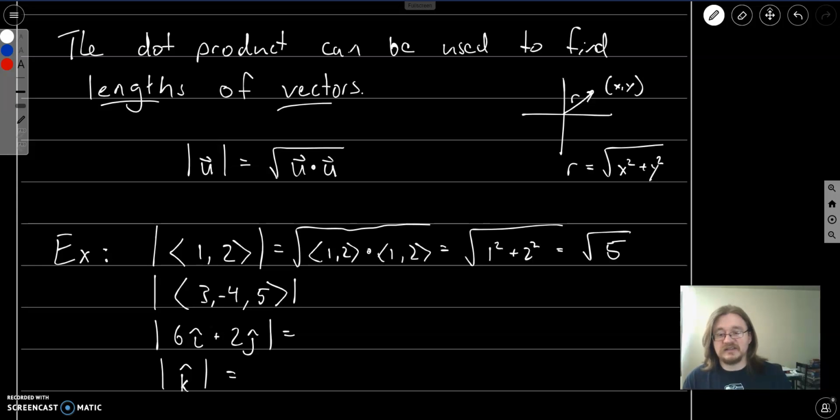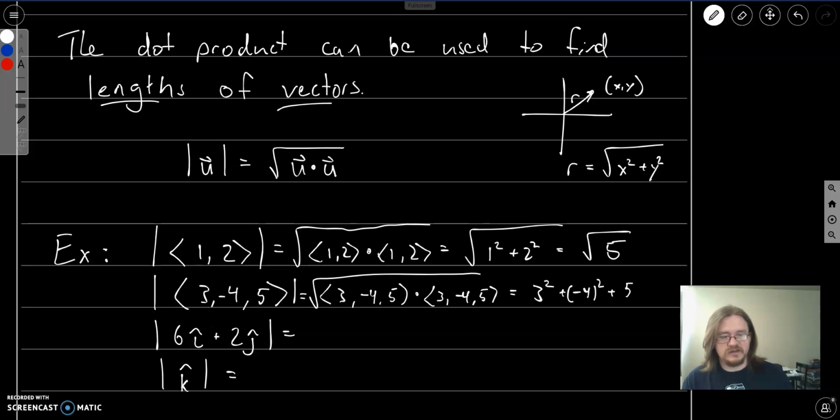So let's take the length of this three component vector. We're going to take the dot product of this vector with itself, and then take the square root. So again we have 3 squared plus negative 4 squared plus 5 squared.